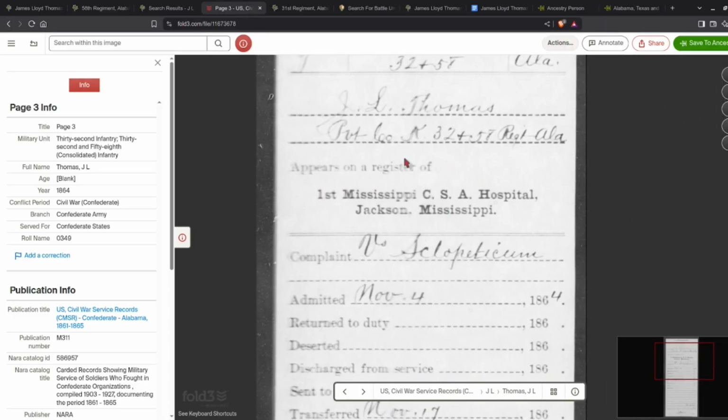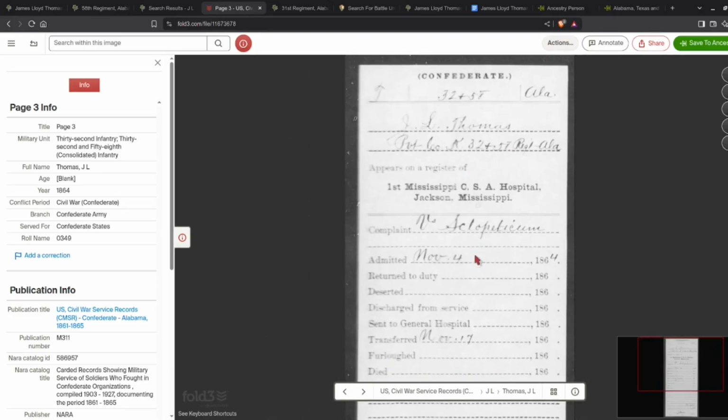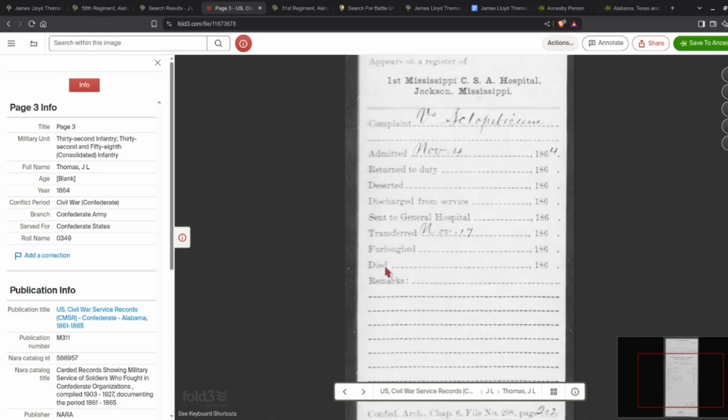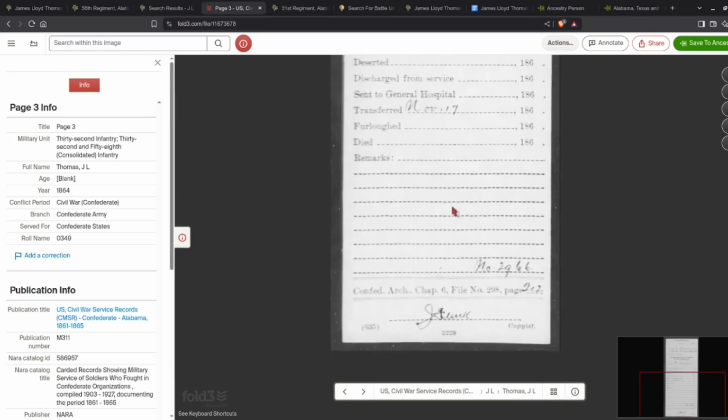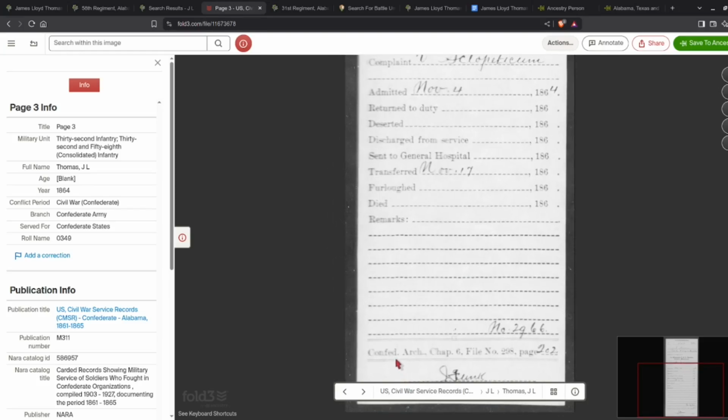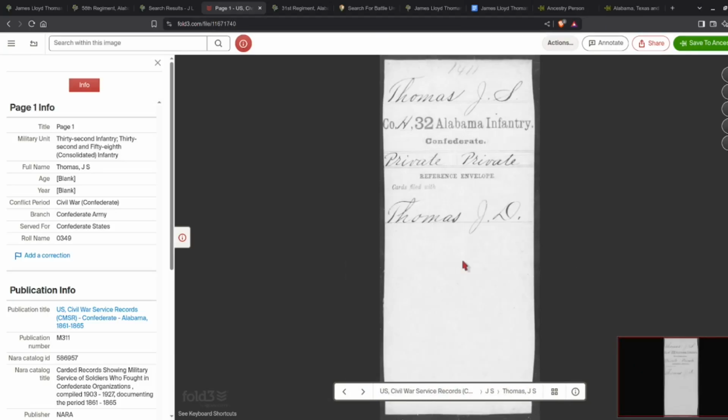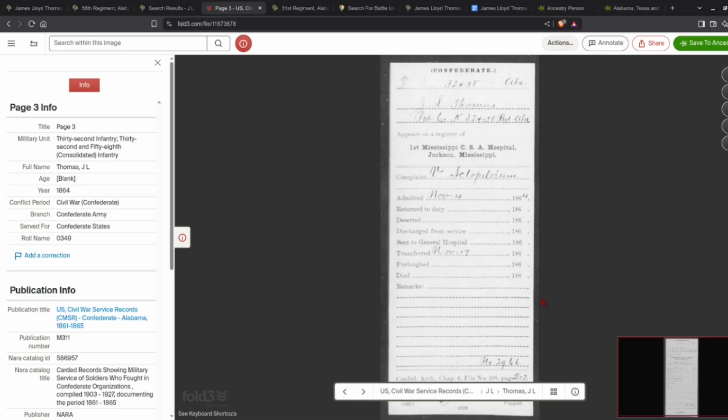You can see here: Private Company K, 32nd and 58th Regiment, Alabama. It doesn't say he died. He was transferred on November 17th. There is this reference here, Confederate something, chapter 6, file number 298, page 202. All right, so that's all there is on that record.